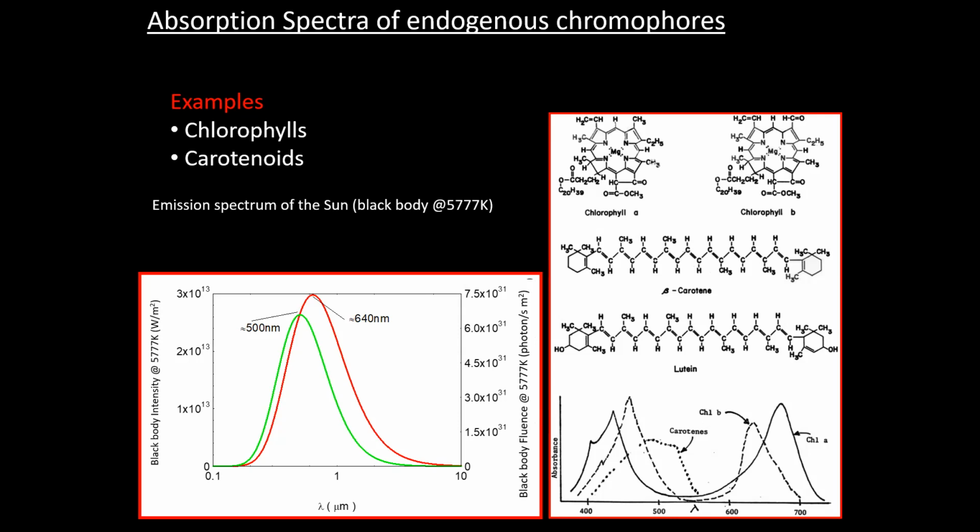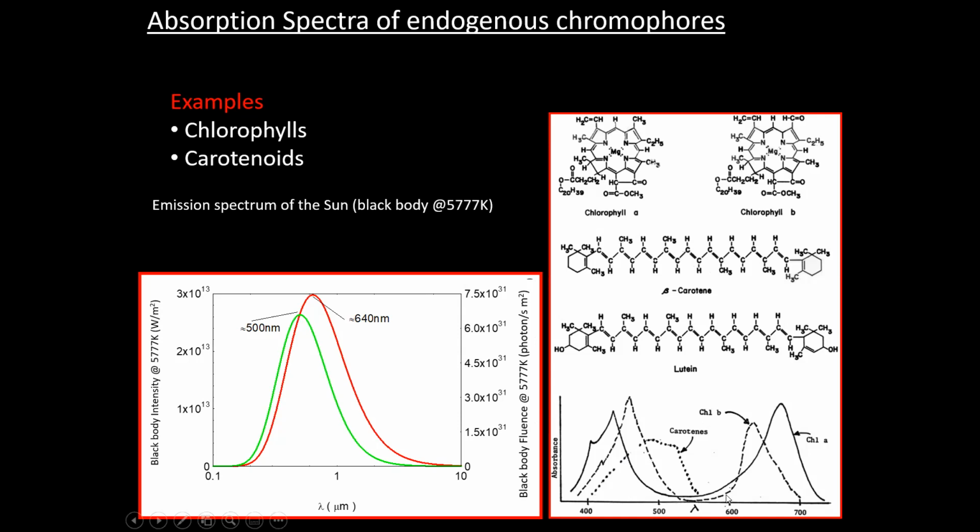The maximum absorption of chlorophyll. No reply. If you want to capture the sunlight, the energy from the sun, you want to absorb the photons. If most of light is at 500 nanometers, where do you have to capture light? At 500 nanometers. Where should it be the maximum of absorption of chlorophyll? It should be at 500 nanometers.